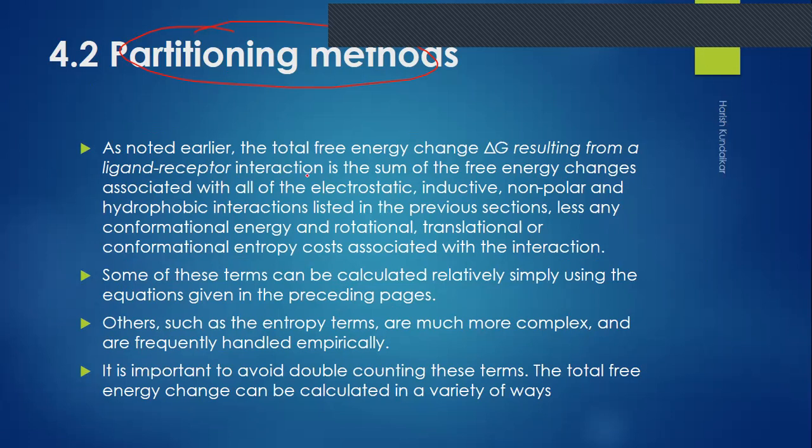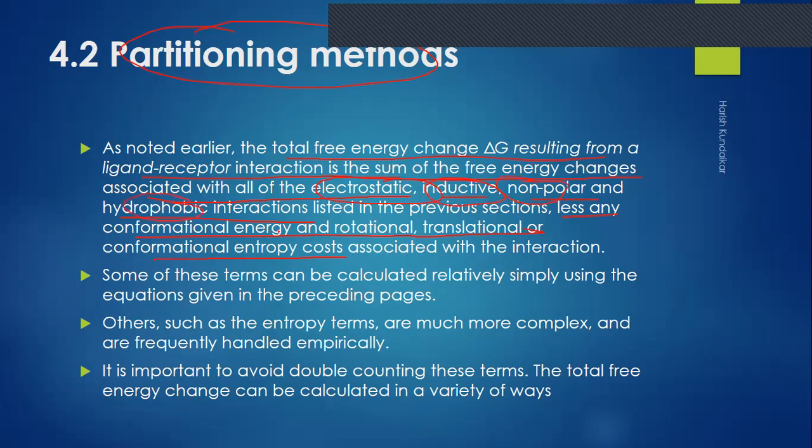The total free energy delta G resulting from ligand receptor interaction is the sum of the free energy changes associated with all the electrostatic, inductive, non-polar, and hydrophobic interactions, and less any conformational energy, rotational energy, translational energy, conformational entropy cost.